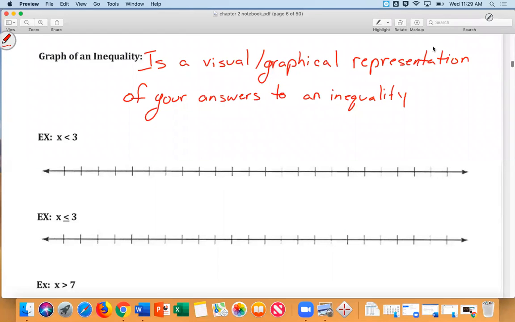All right, so what do I mean by that? Well, I mean this. We have a number line here, okay?